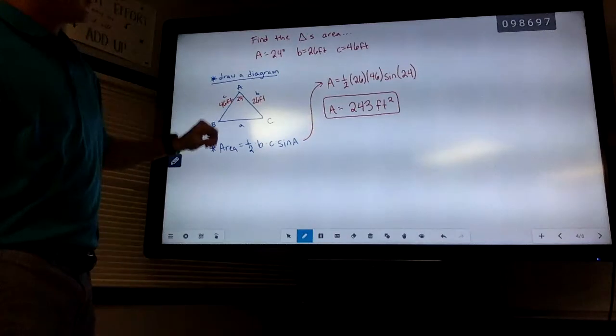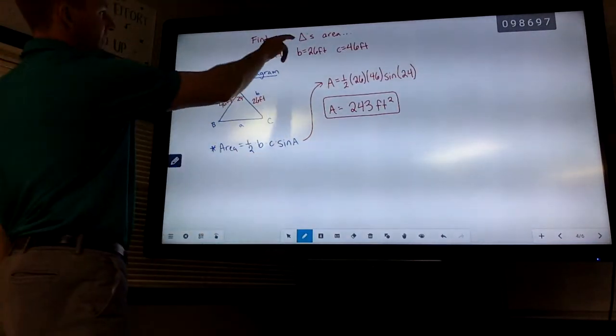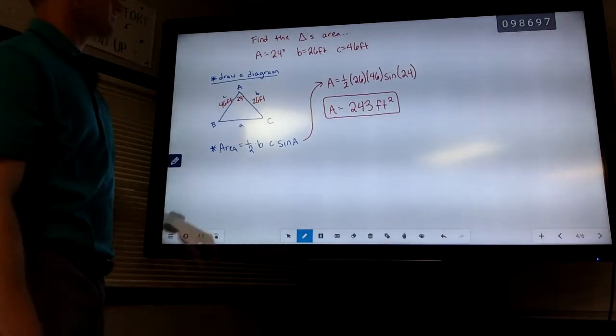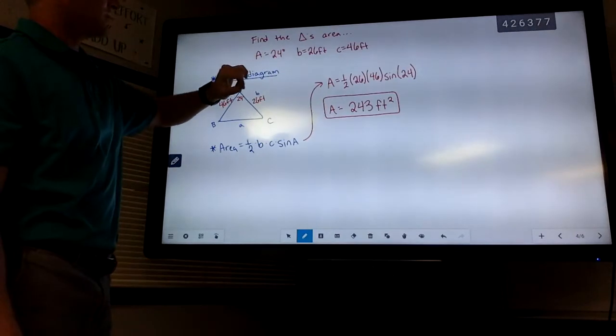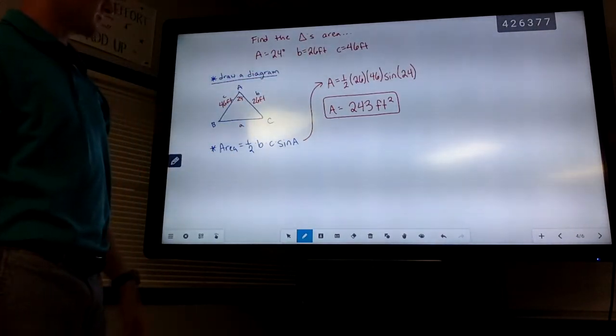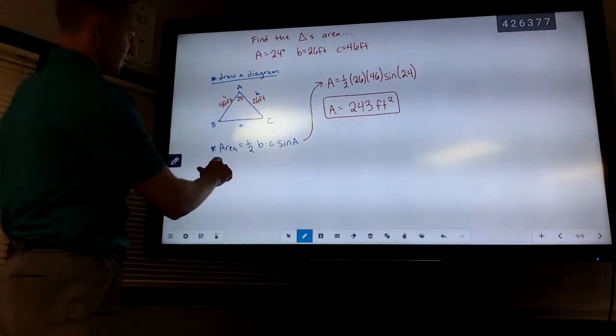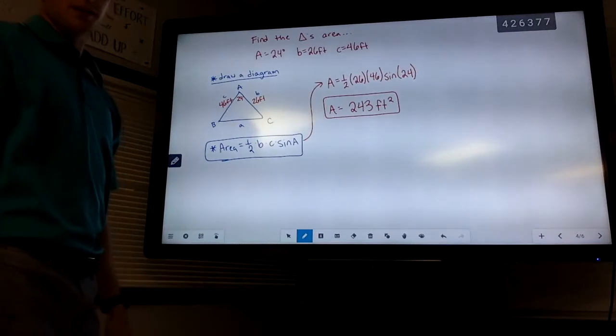And then the last two problems we're going to talk about, we want to find the area of these triangles. So they're going to give us some information here. They tell us that we have an angle of 24 degrees and then two sides of 26 and 46 feet. Well, this formula right here is going to help us find the area really easily.